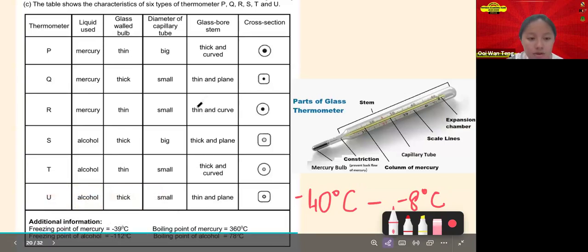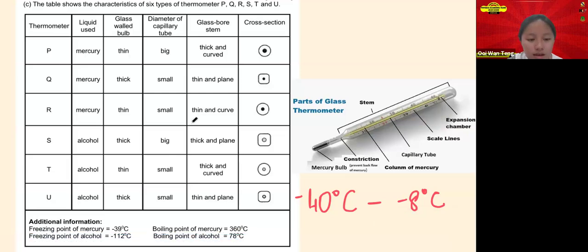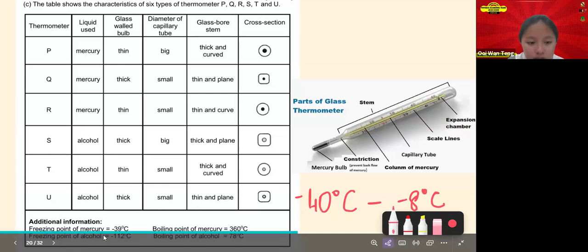It means that the mercury in the thermometer will freeze at -39 degrees Celsius, whereas the freezing point of alcohol is -112 degrees Celsius, which means that the alcohol will only freeze at -112 degrees Celsius. So it is better to choose alcohol because the lowest temperature of the North Pole is -40 degrees Celsius, and the freezing point of alcohol is lower than this temperature. So if you choose alcohol, it won't freeze at the North Pole.